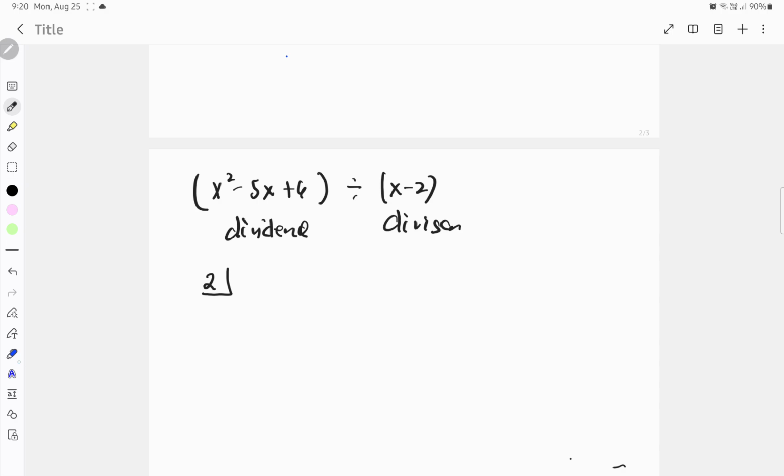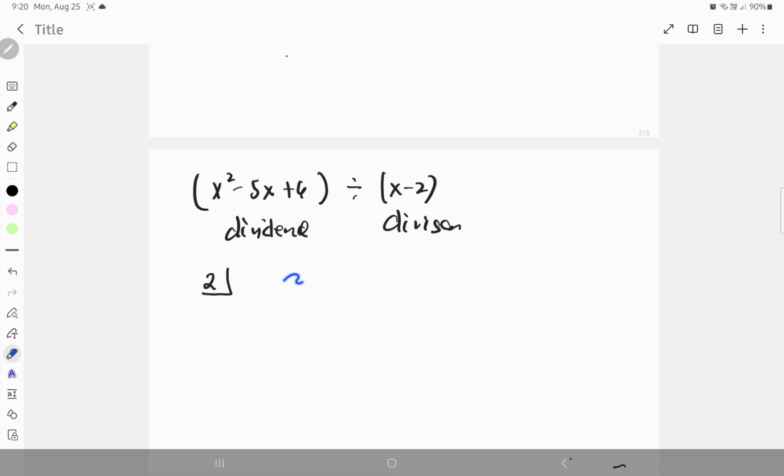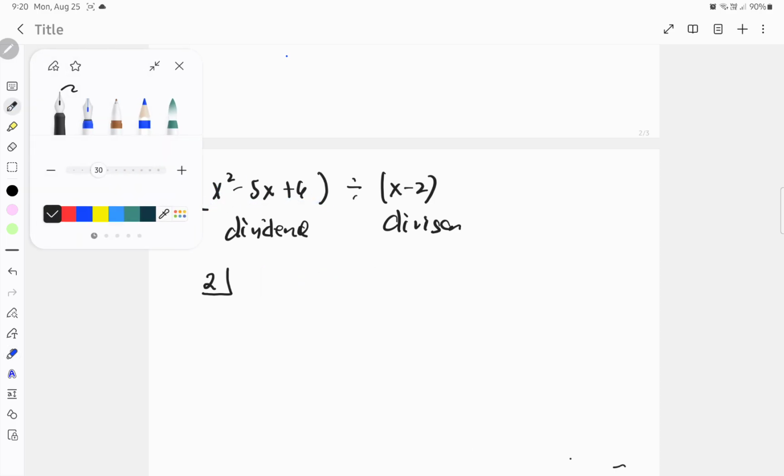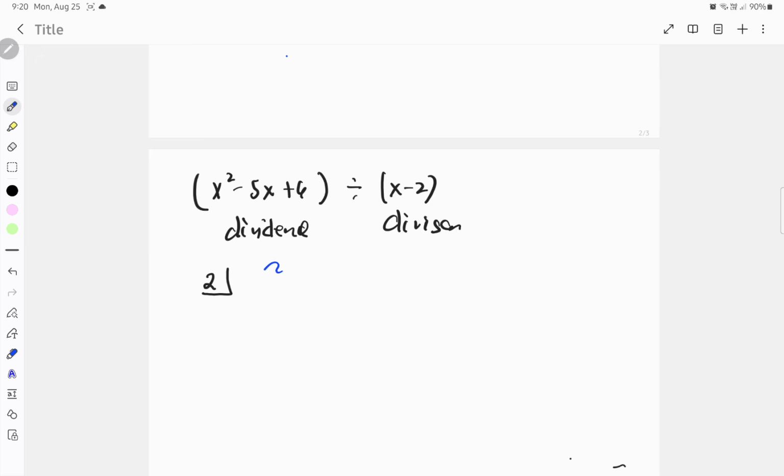Remember that the order should be from highest to lowest degree, and get the numerical coefficients. So, you have 1, negative 5, and 6. Writing that: 1, negative 5, 6.